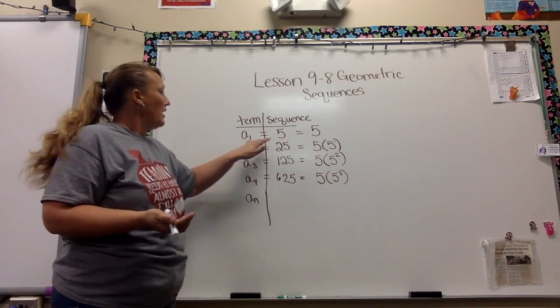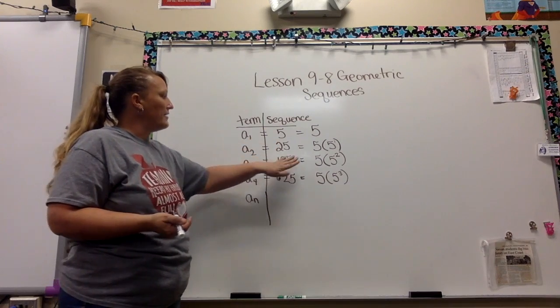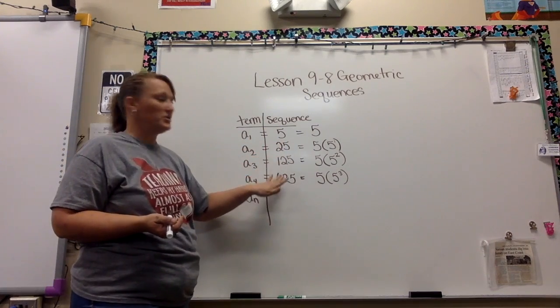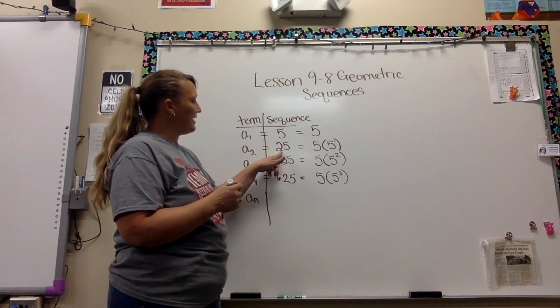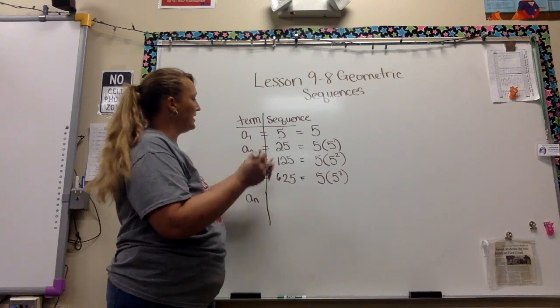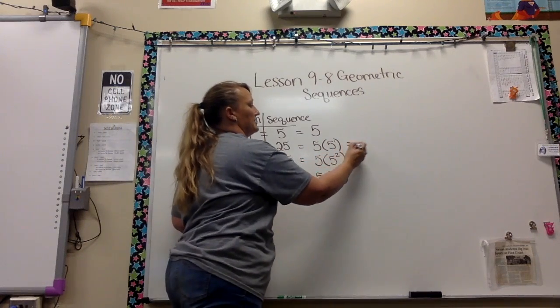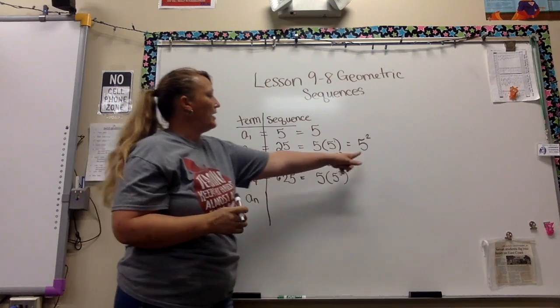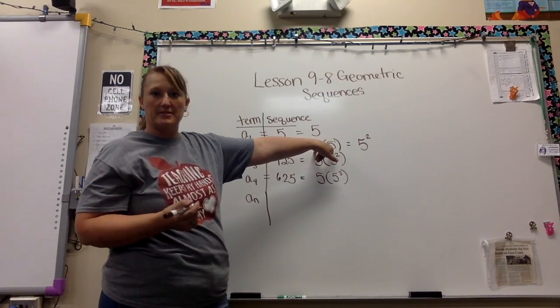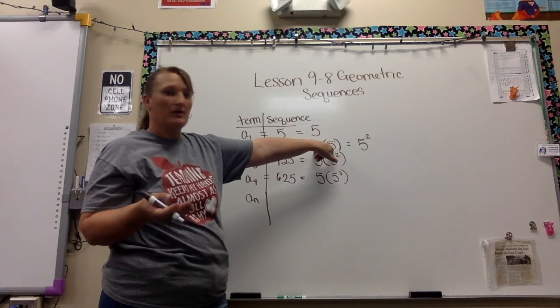So if we have the first term as 5, I went ahead and split the 25, the 125, and the 625 down into some things. So we can say that 25 is the same thing as 5 squared. Agree? So if that's 5 squared, can we put it as 5 times 5, or 5 to the first power?